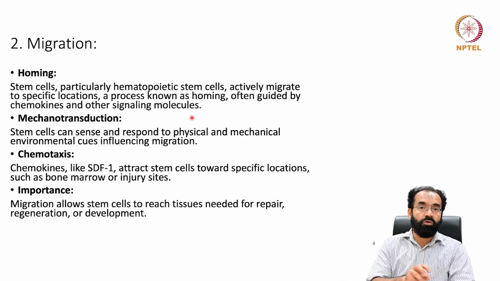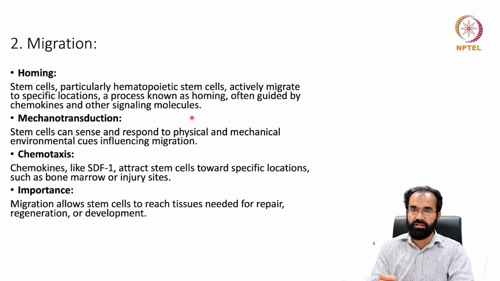They often need to distinguish themselves simply because not every stem cell is going to give rise to only one type of cell. Say in bone marrow, we know we have myeloid lineage and lymphoid lineage, but they are coming from the same parent cell. So who tells one cell to become myeloid lineage? Who tells the same cell to become a lymphoid lineage? So these kinds of variations are possible because of their homing behavior.